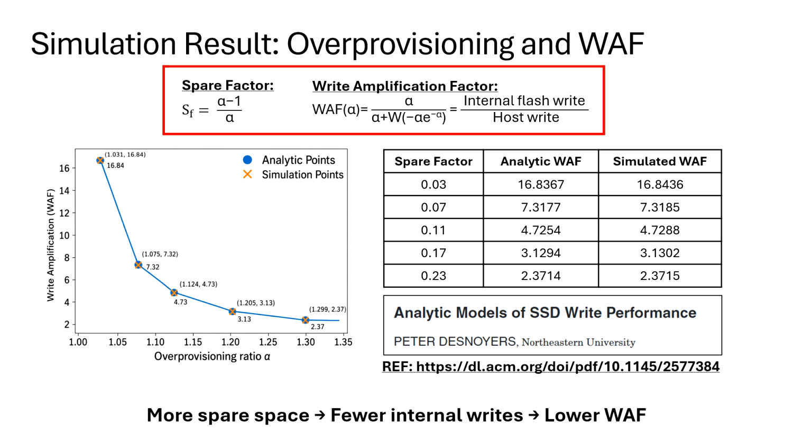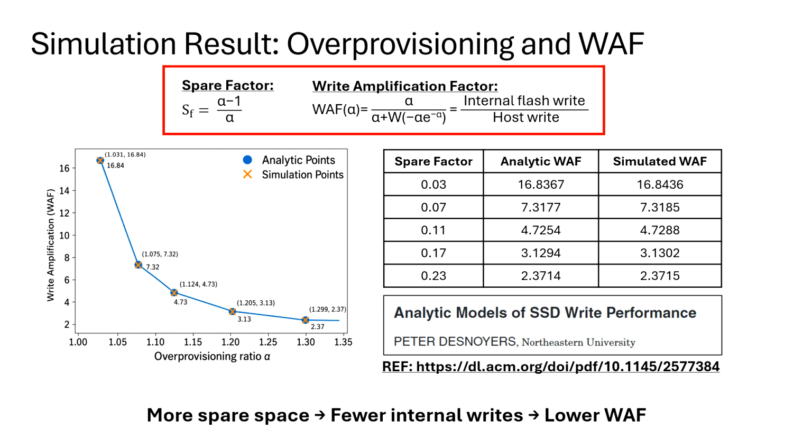Write amplification factor is the ratio between the internal flash write and the host write. Typically the internal flash write is more than the host write request, because inside the flash there is a lot going on, like garbage collection and wear leveling. Because of those, the write amplification goes up. The ideal write amplification factor is 1, but because of the internal flash writes, it goes above 1.